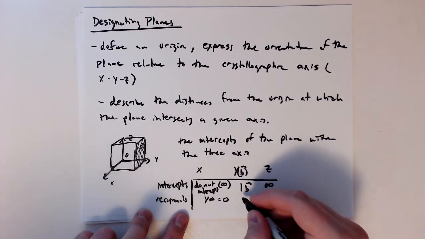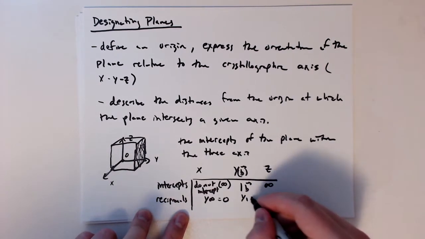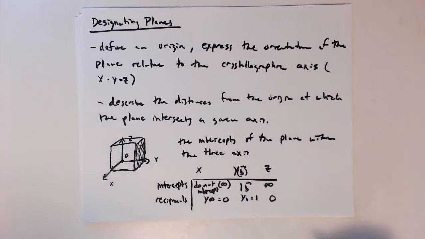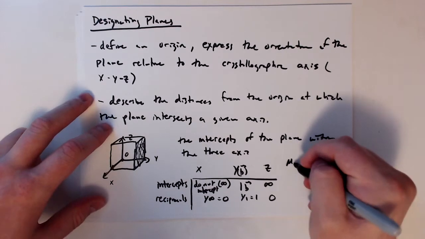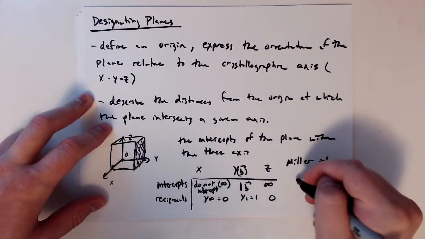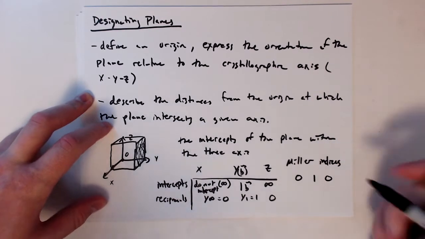And then 1 over 1, so that's going to be 1. And then 1 over infinity again is going to be 0. So our reciprocals are 0, 1, and 0. And so these are what we call Miller indices. 0, 1, and 0.